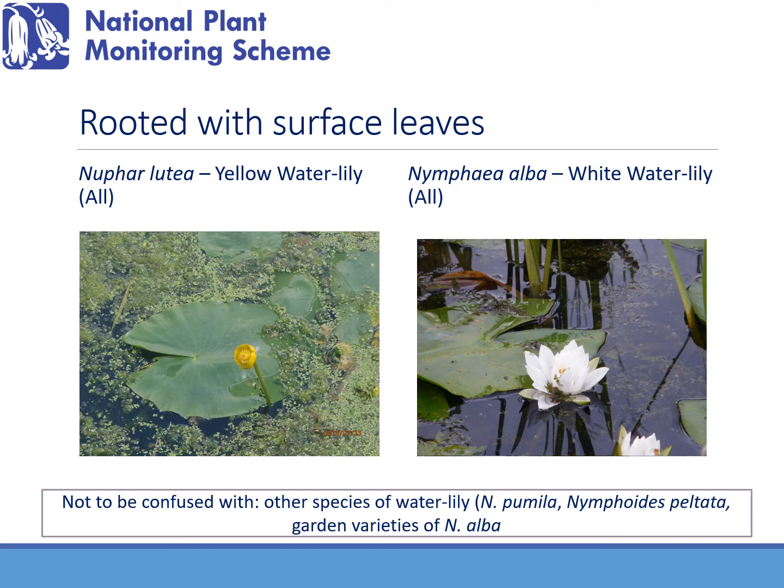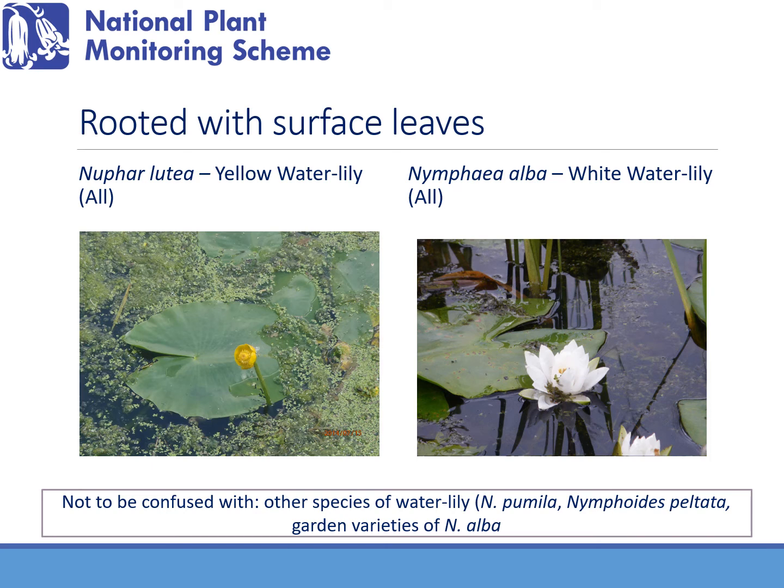The way that you tell the two species apart is dependent upon the number of ray florets in the flower and fruit. Nuphar pumila tends to have a much more restricted distribution. You might come across it particularly in northern Scotland, down into Perthshire and in Shropshire, and Nuphar lutea and Nuphar pumila hybridise.